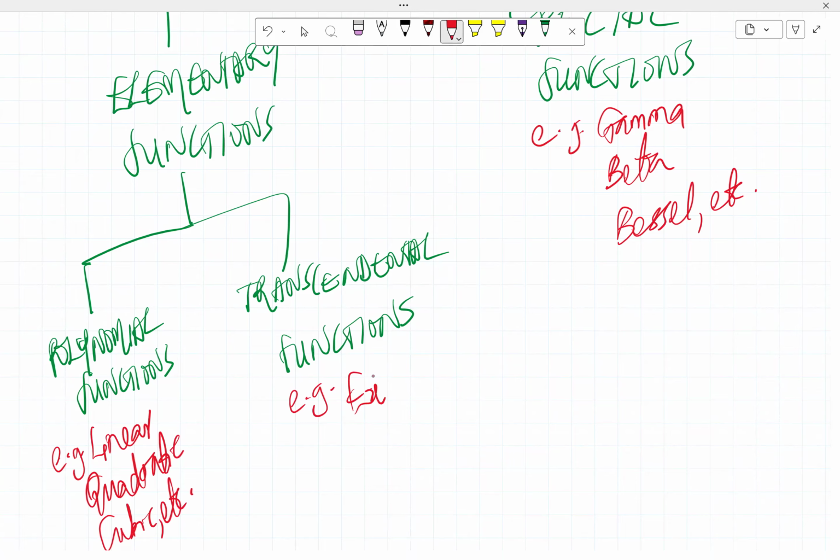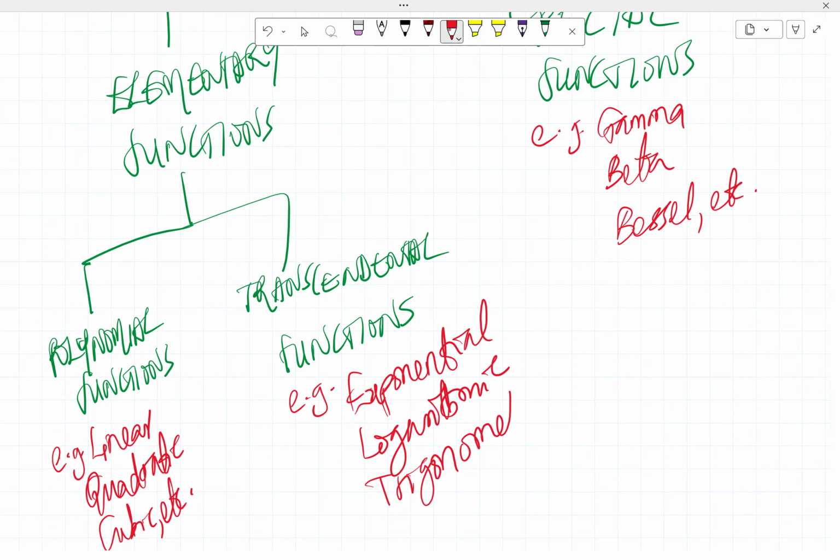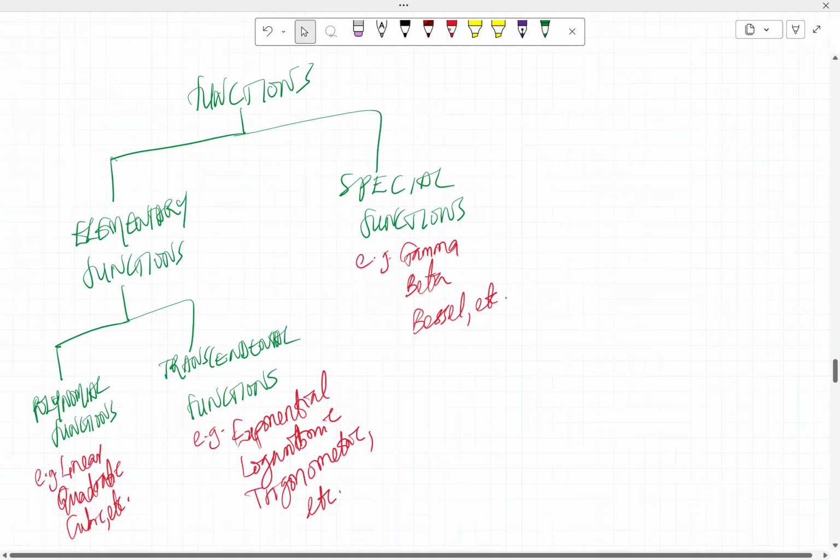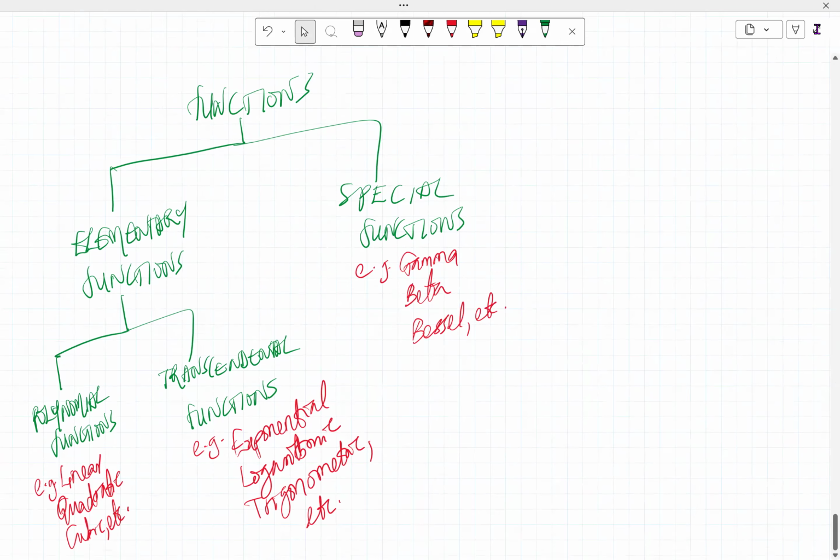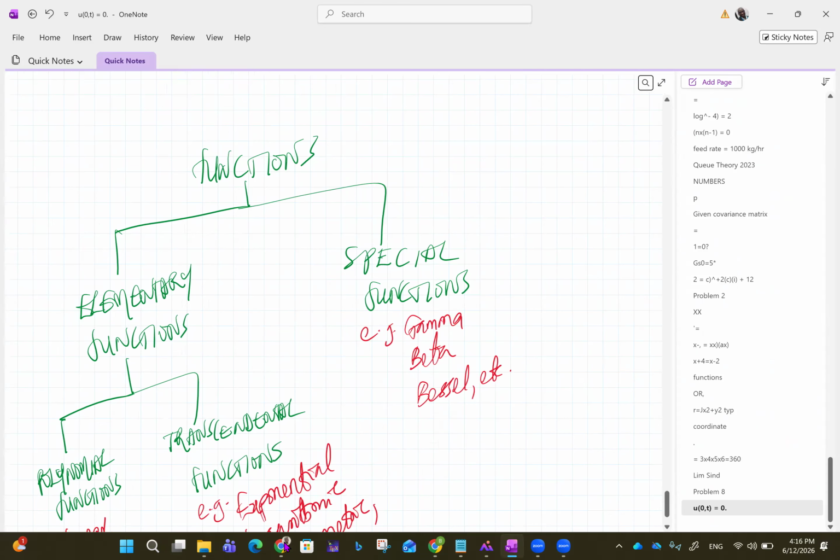Yeah, they are elementary, right? So you have exponential functions, logarithmic functions, trigonometric functions, and so on and so forth, inverse trig, all of that. So this is a kind of overview when it comes to classifying functions.